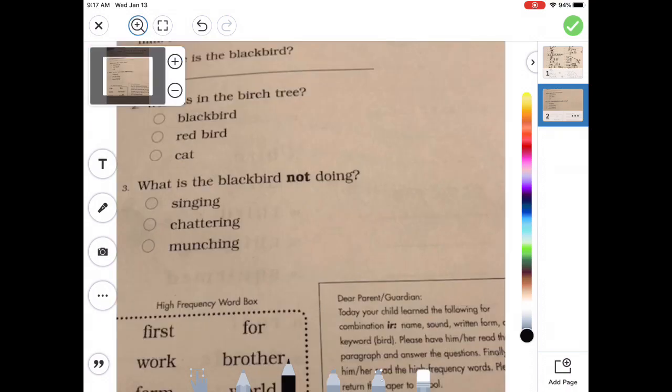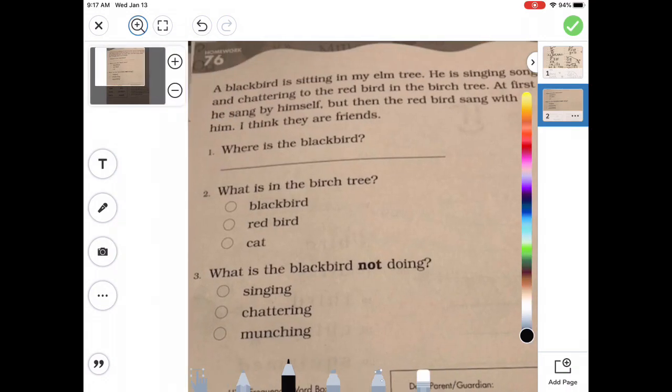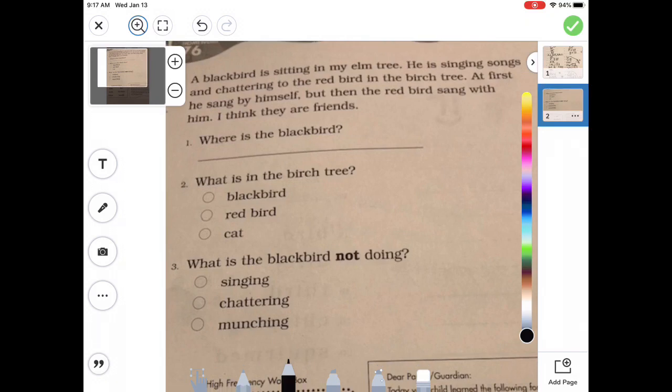Okay, so we're going to look at the top. What we're going to do is go through and underline our sight words, and you're going to try to follow along as I read. Are you ready? A blackbird is sitting in my elm tree.